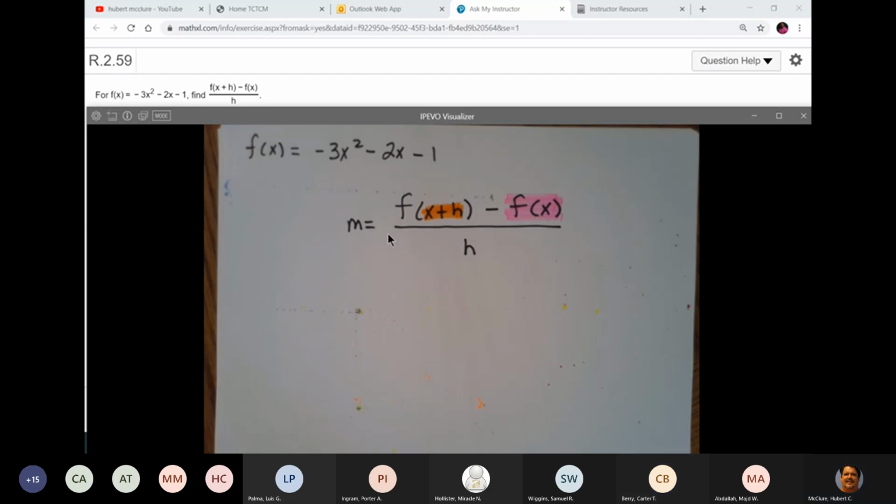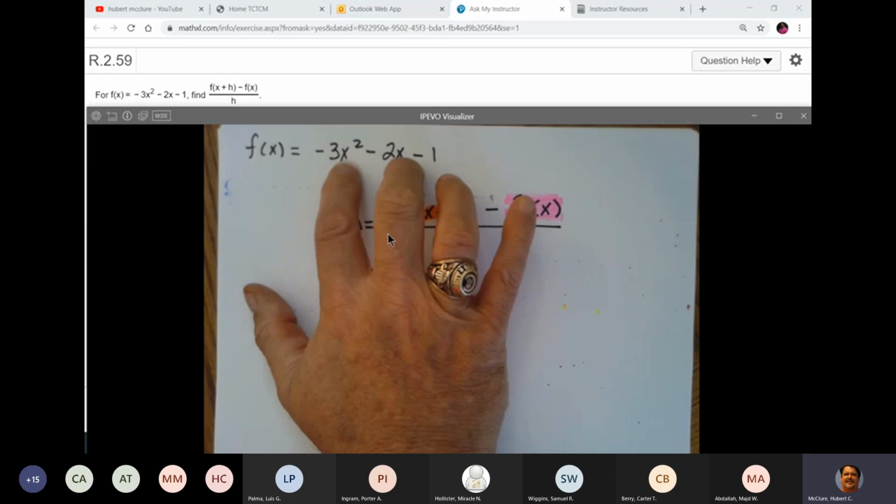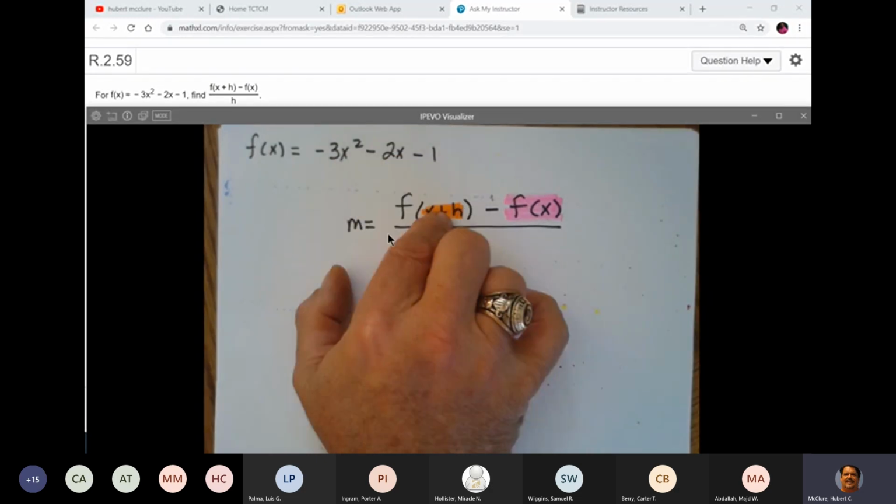I'm going to rewrite this function with black numbers, but I'm going to use orange for the x's because I'm going to plug that in wherever there's an x.